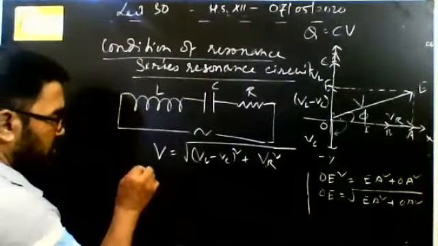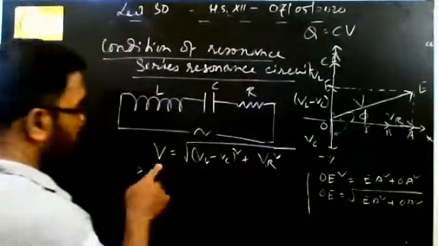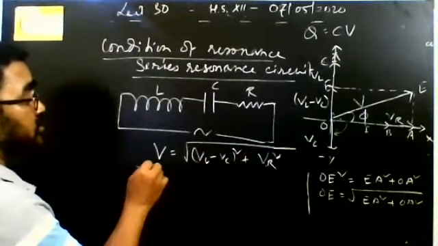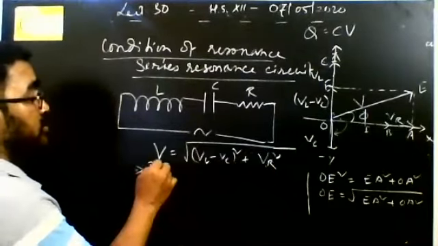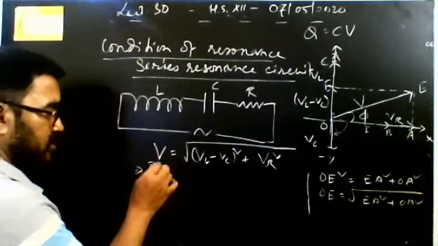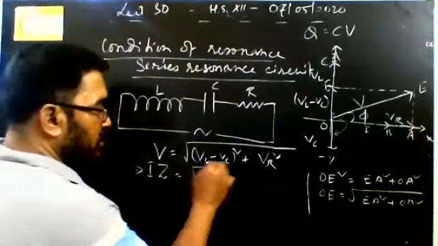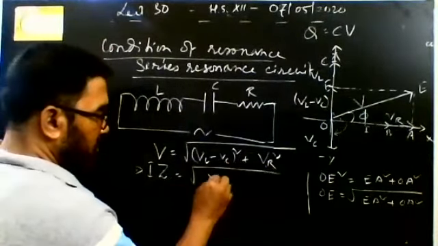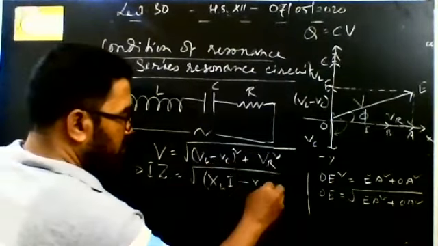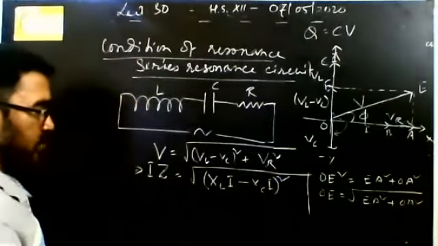Now, if we put the values here, according to Ohm's law, if I put in place of V as IZ, where Z is the impedance, right? And in place of VL, XL I, in place of VC, XC I, according to Ohm's law, whole square, right?